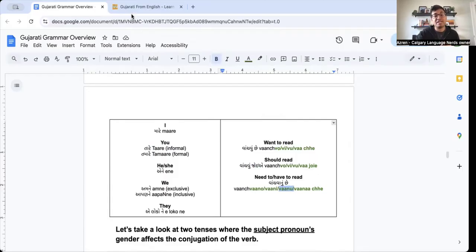Mare kaink karvanu che, I have to do something. Tamare kaink banavanu che, you have to make something. Tamare kaink lakhvanu che, you have to write something. Tamare cha pivani che, you have to drink tea. With these vano, vani, vanu.